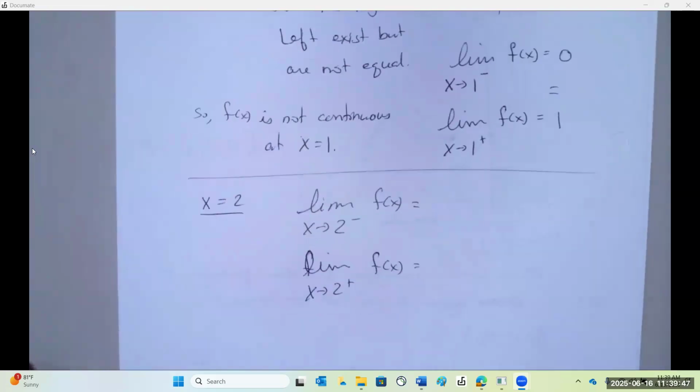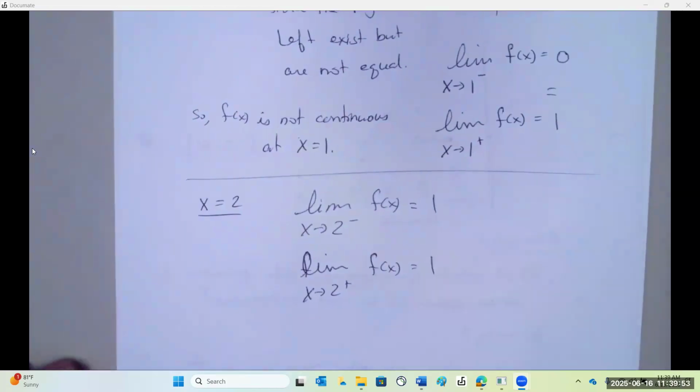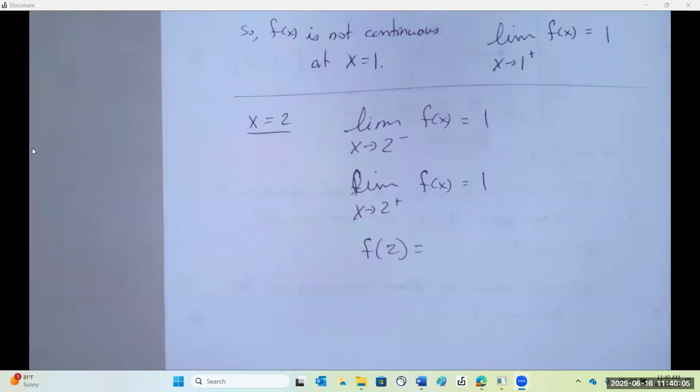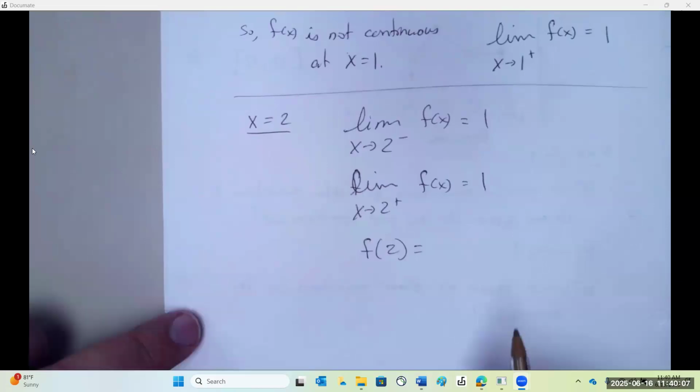They both equal what? 1. But what's the problem? At 2, it equals what? 2.